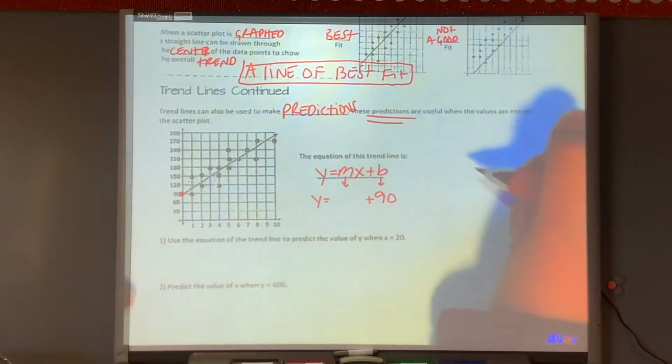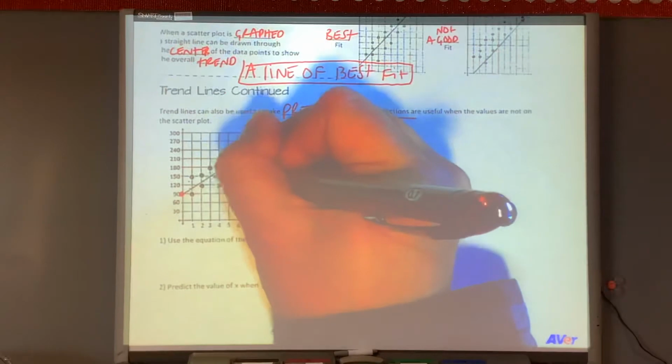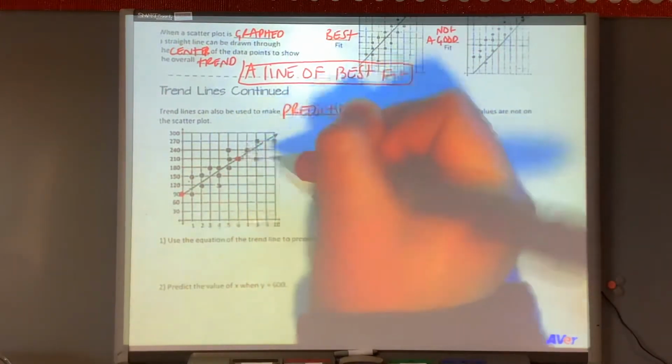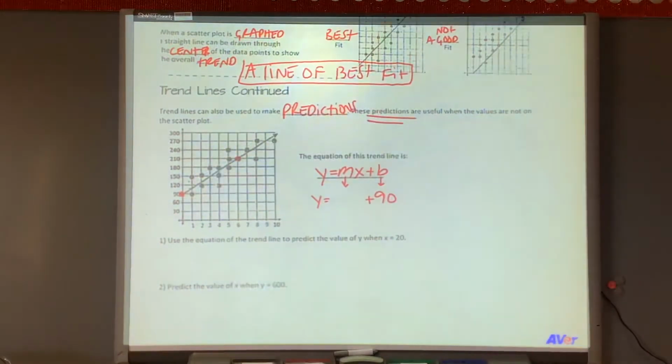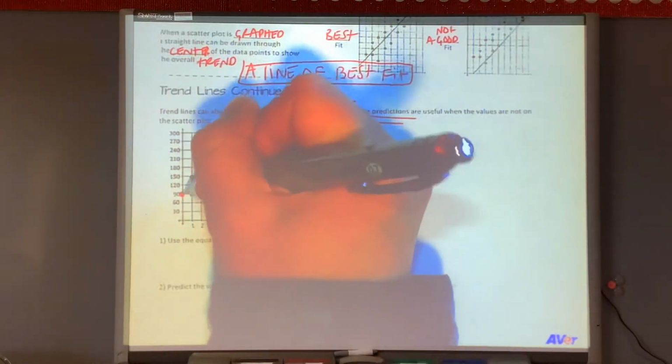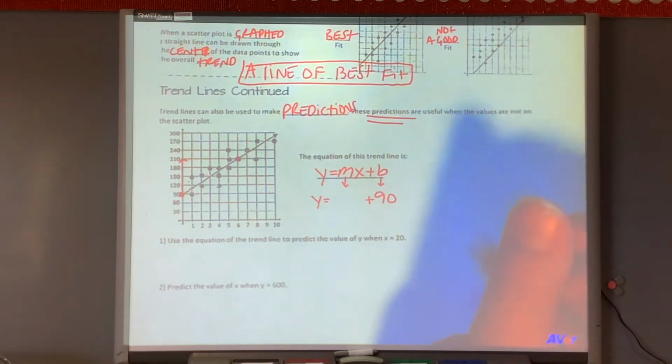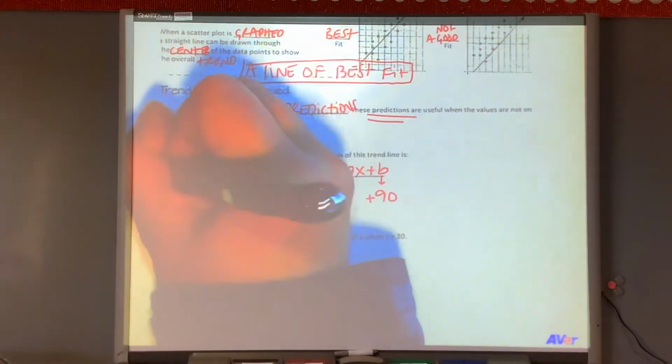I haven't figured out my slope just yet, but the trend line that they make pretty much goes through, I would say that's a perfect coordinate on the graph, and that's a perfect coordinate on the graph. So it goes from 90 up to 210, which is, I think that's 120. We're going to go with 120. So it looks like our rise was 120.